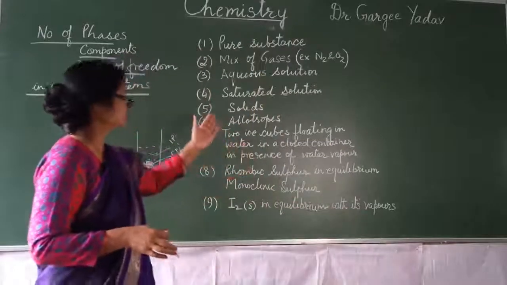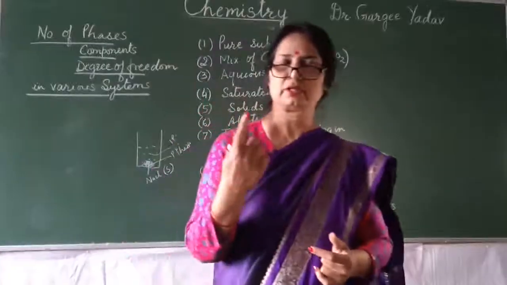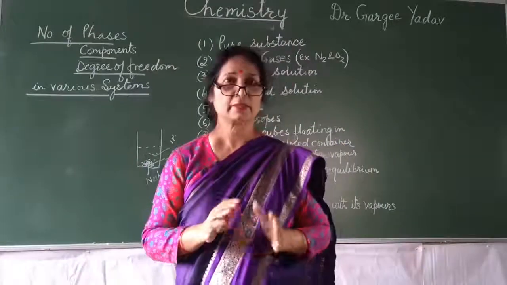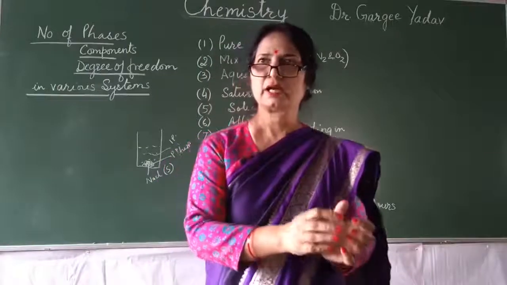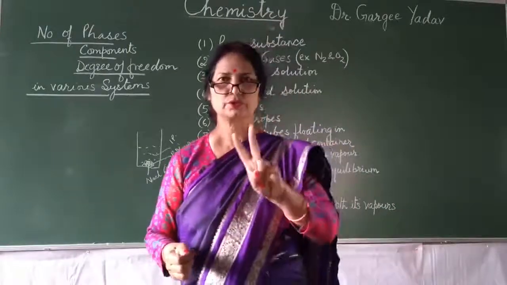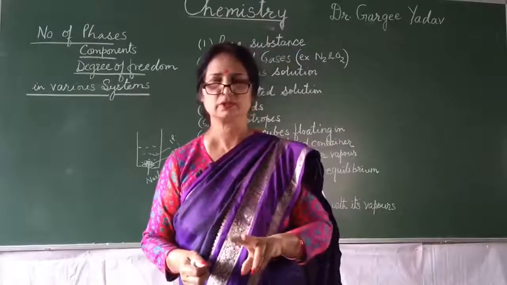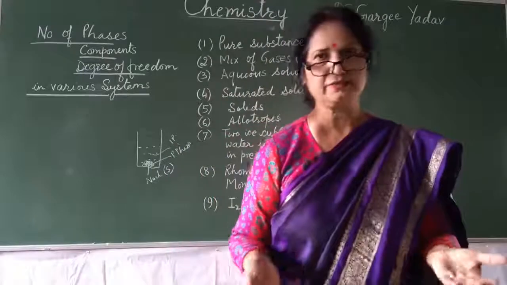Now let's come over to solids. So suppose we are having one pure solid, obviously it will be one phase. But if we are having two solids, suppose we are having calcium fluoride and we are having calcium oxalate. Okay, so it will constitute two phases. So as many solids are there, as many phases are there.